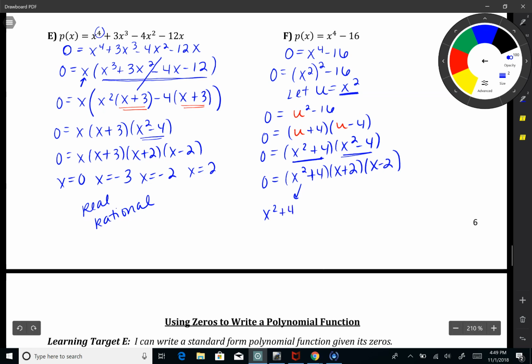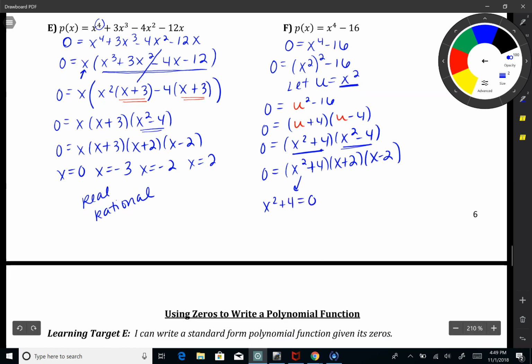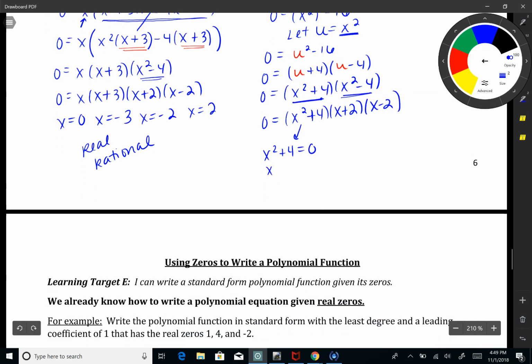x squared plus 4 equals 0. Subtract 4, so x squared equals negative 4, and then take the square root. I'm taking the square root of a negative number, so we know our solutions will be imaginary. That'll be x equals plus or minus, since 4 is a perfect square, 2i. So there are 2 non-real solutions.